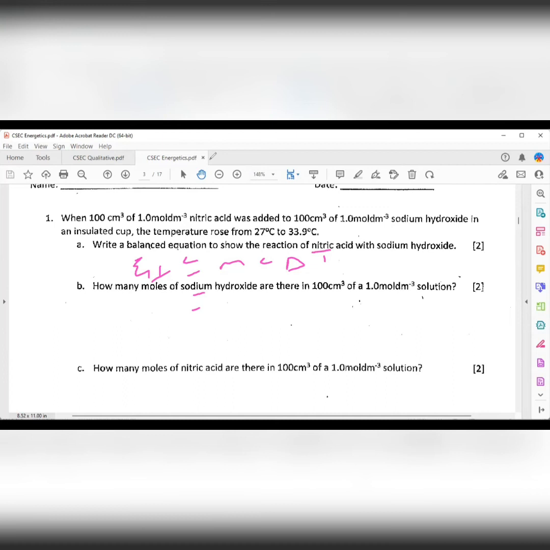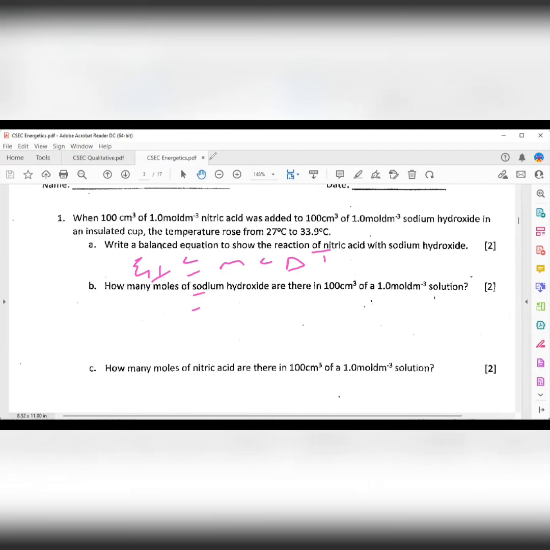Okay. So for your EH is equal to MC delta T, your mass is going to be 200 grams times the specific heat capacity of water, which is 4.2 joules per gram per Kelvin. That does not change, by the way. Times the temperature change. It moves from 27 degrees Celsius to 33.9. So that's 6.9 kelvins.